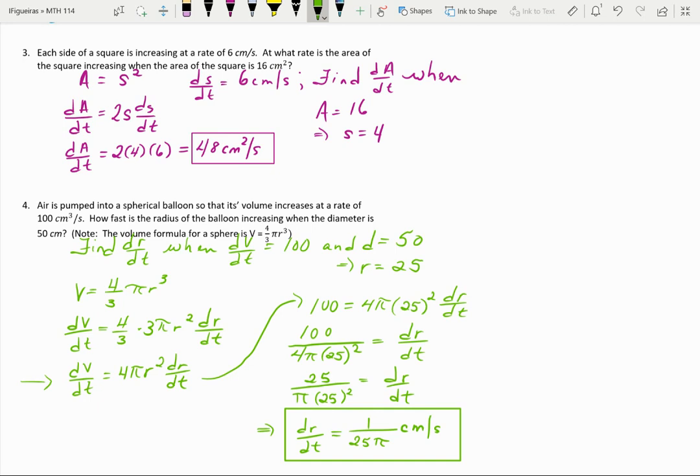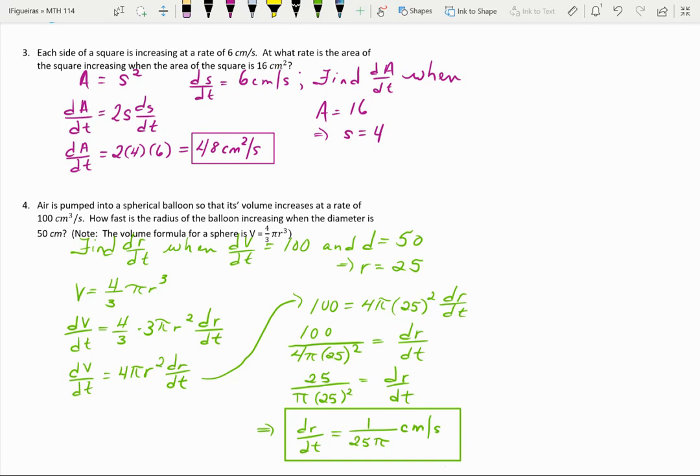So now we're ready to substitute what we are given and solve for dr/dt. So here, dV/dt is 100, so we have 100 is equal to 4 pi, and the radius is 25, so it's 4 pi 25 squared dr/dt. You want to divide both sides by 4 pi 25 squared, and then simplify.